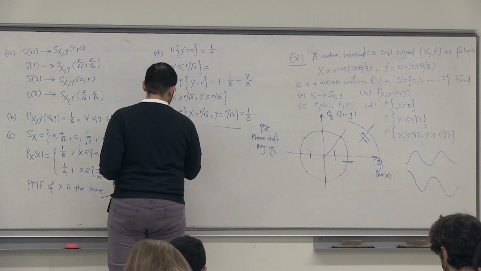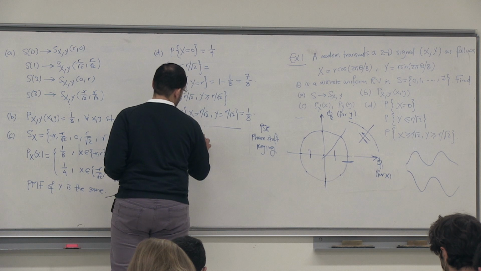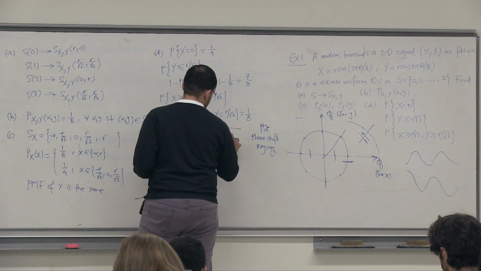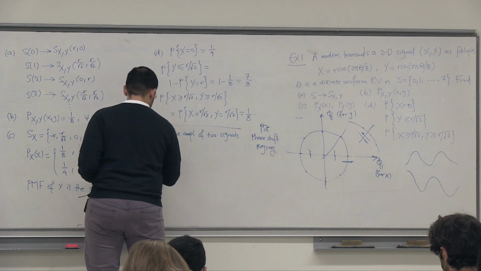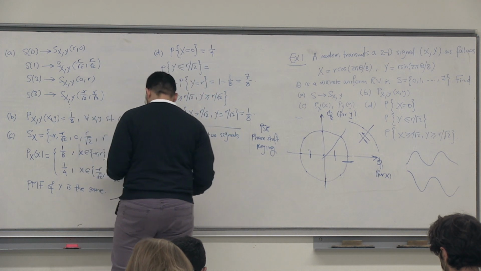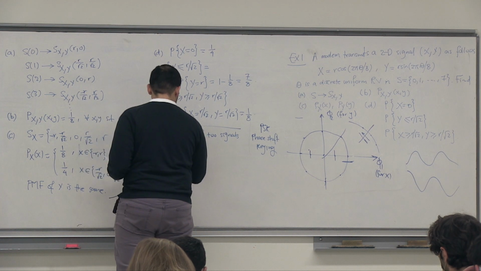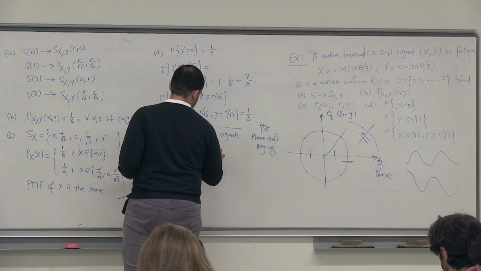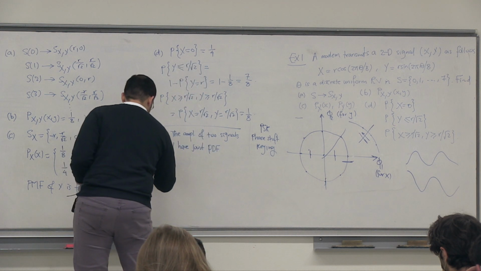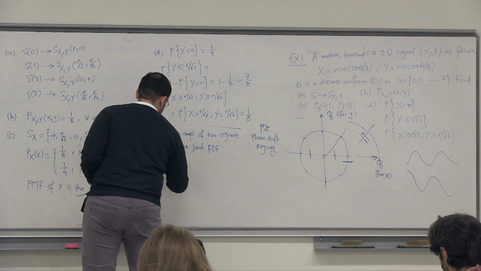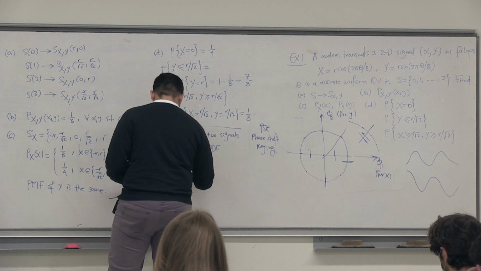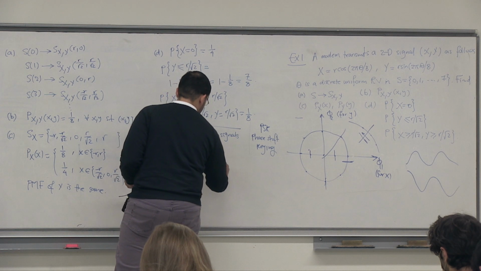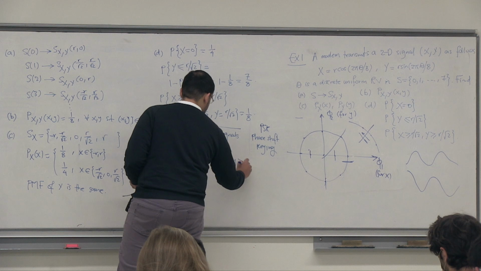The amplitudes of two signals x and y have the joint PDF f_XY(x,y) equals e to the minus x over 2y, e to the minus y squared, for x and y greater than 0.